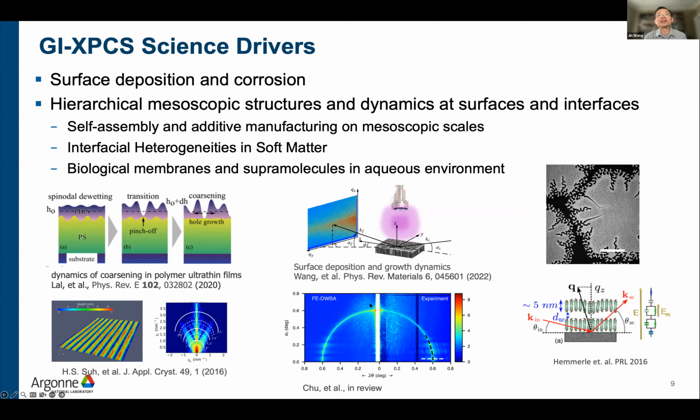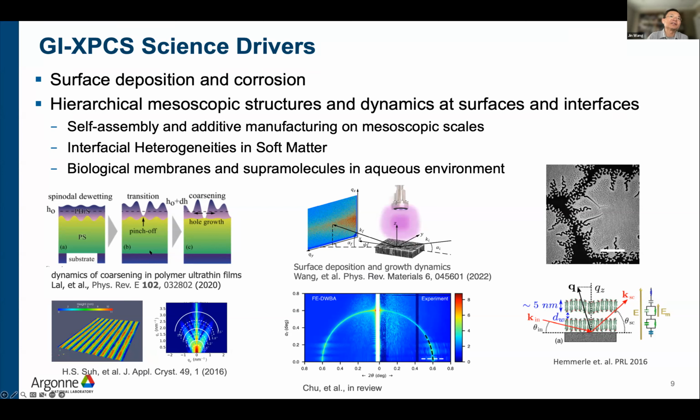Also, you'll see we took GISAXS patterns, and you will see these surface-roughness-related speckle patterns. Those will be indicative of the roughening process at these thin film surfaces.